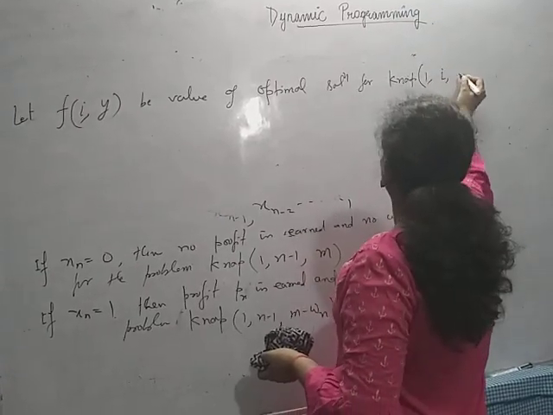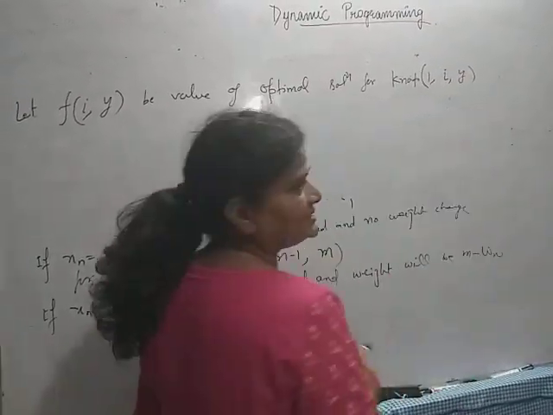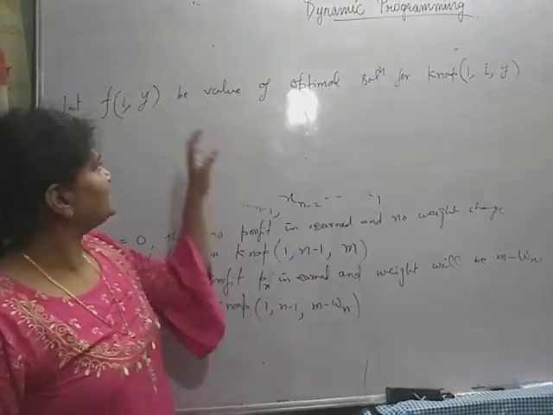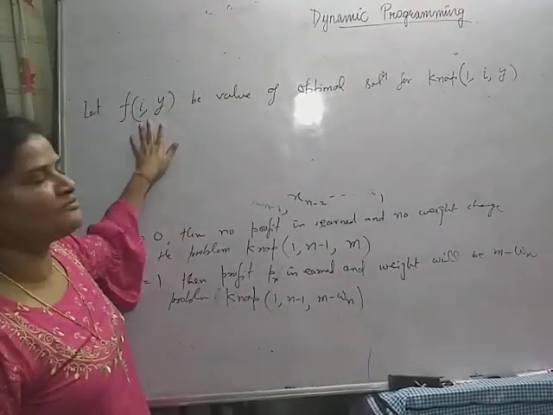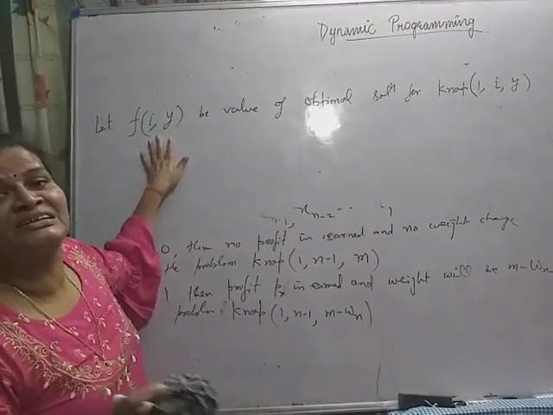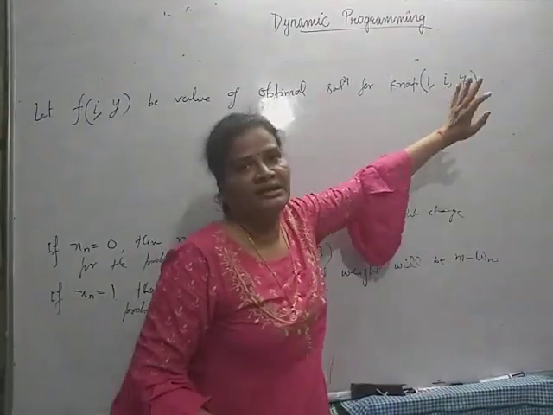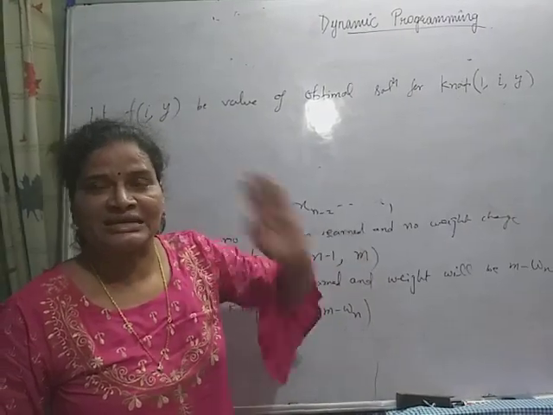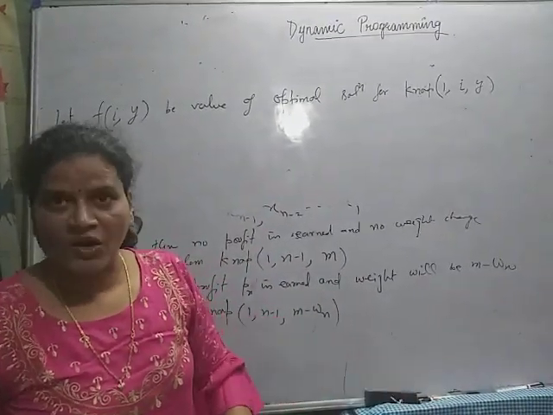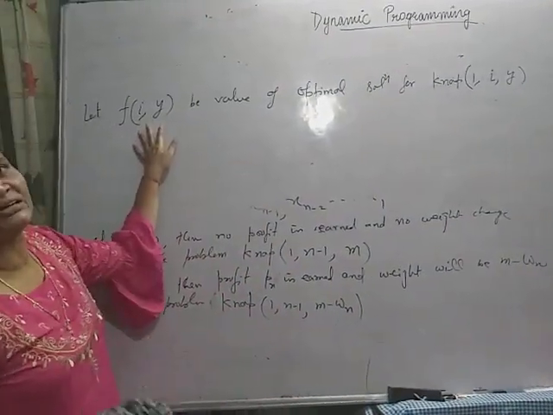Fiy is giving the profit earned for the problem 1 to i. It means I have taken the decision for i objects, and then this is the profit earned.